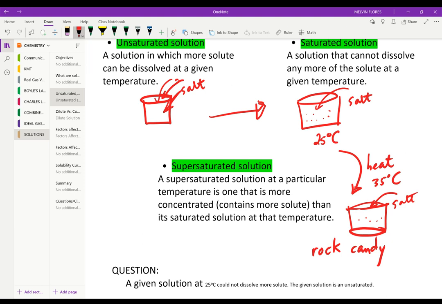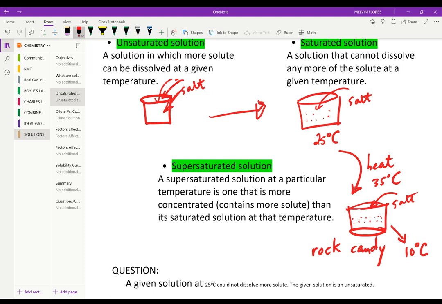That means there's a lot of solute in the solution, and then when they cool it off at 10 degrees Celsius, what's going to happen is they form solids, like the candy solids, which are actually the precipitate of the solution.